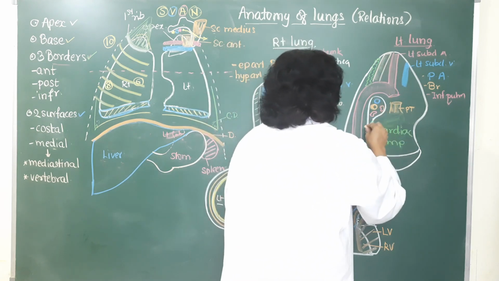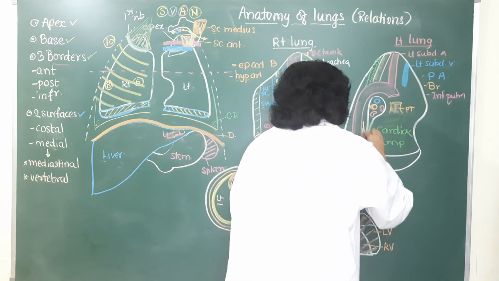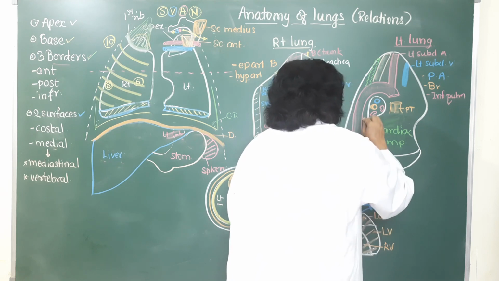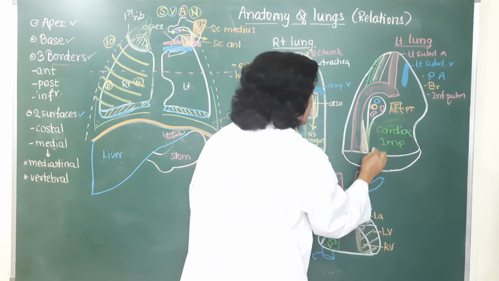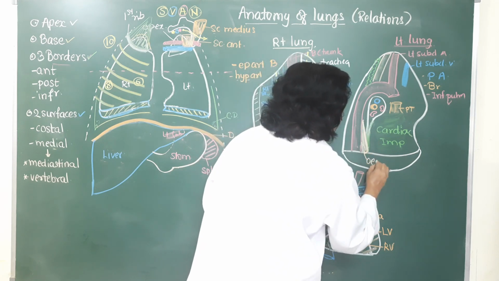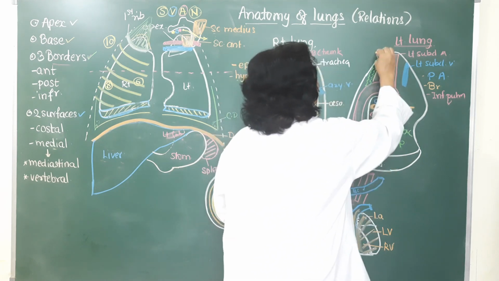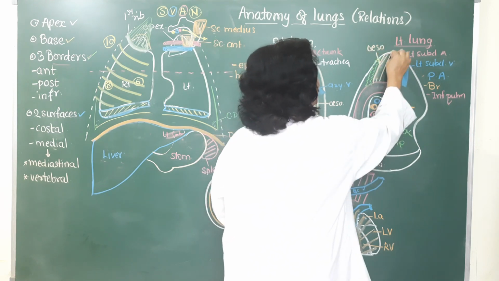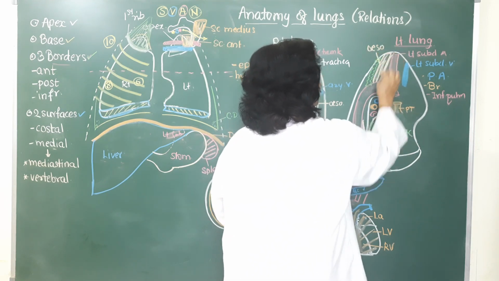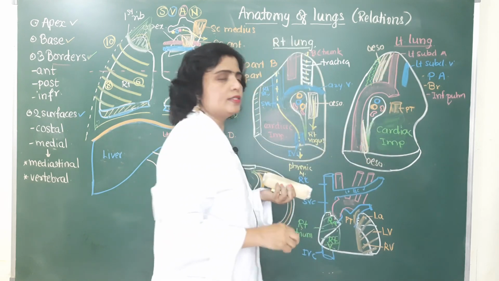This esophagus again comes in relation with the left lung between the groove for the descending aorta and the pulmonary ligament. So here again you get the esophagus. The esophagus is related twice to the left lung as it deviates twice to the left side.